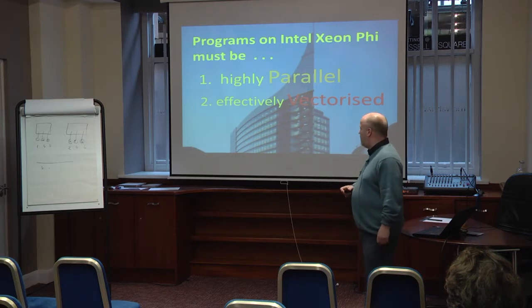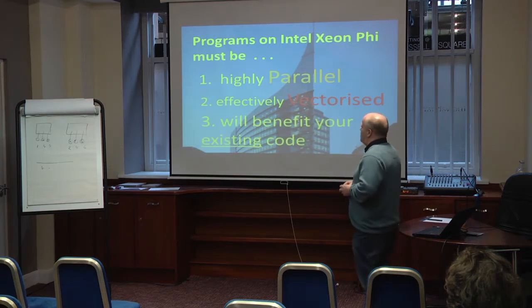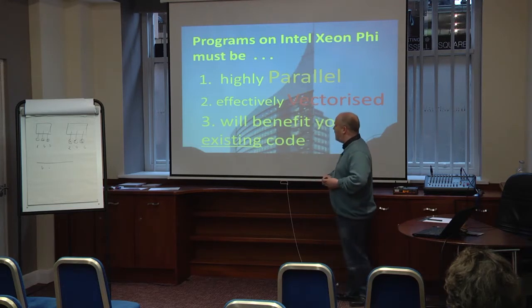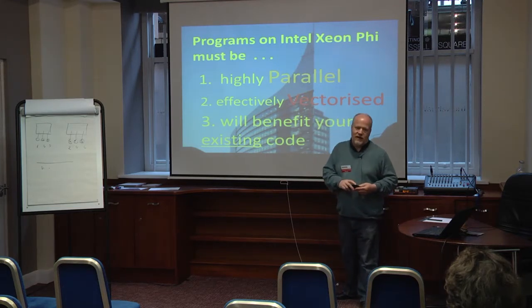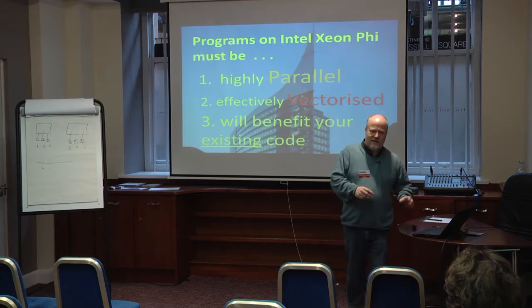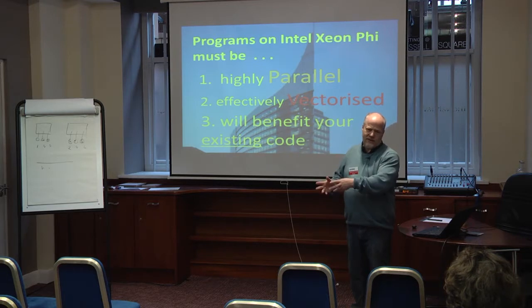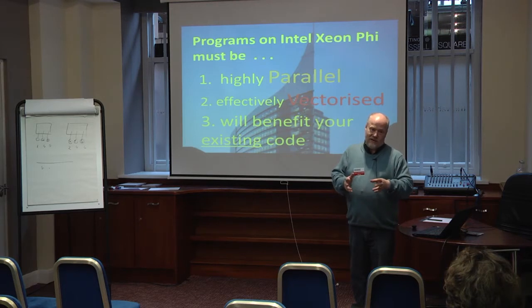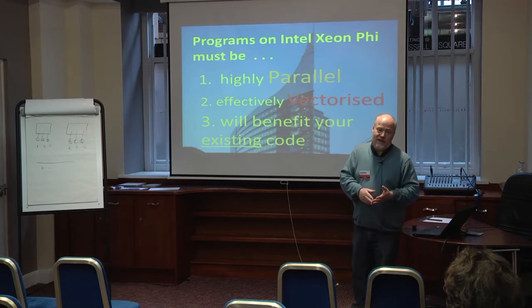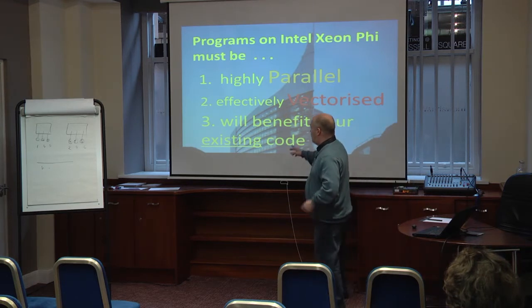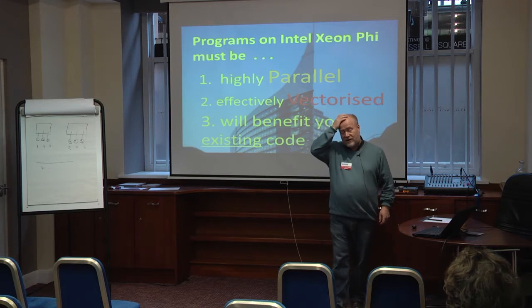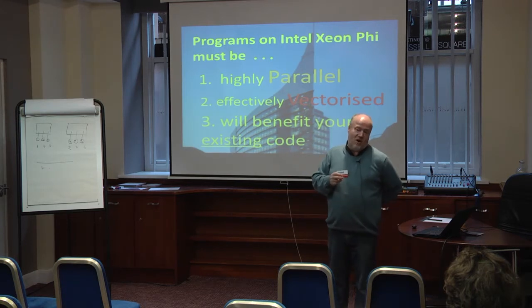Well, my third point is that whatever you do to your code to make it run on a Xeon Phi will benefit your existing code. What I mean by that is you do the work on your code to make it more parallel, more vectorized, so it runs on Xeon Phi. You run that same code on the original machine that hasn't got Xeon Phi, and it runs faster as well. So whatever optimization work you do, it benefits your existing code. And actually, that highlights the fact that not many of us are that good at optimizing our code.